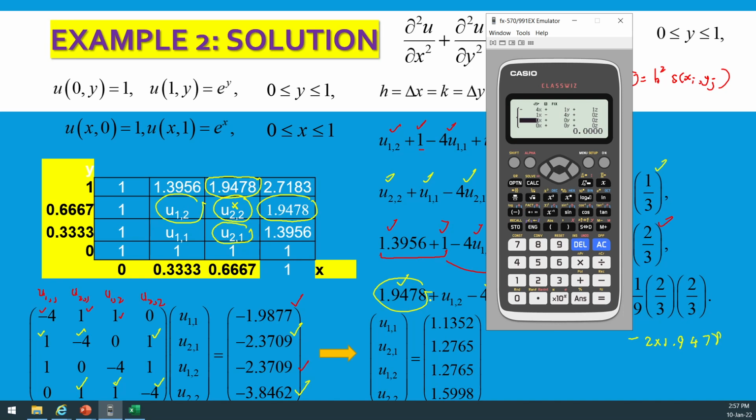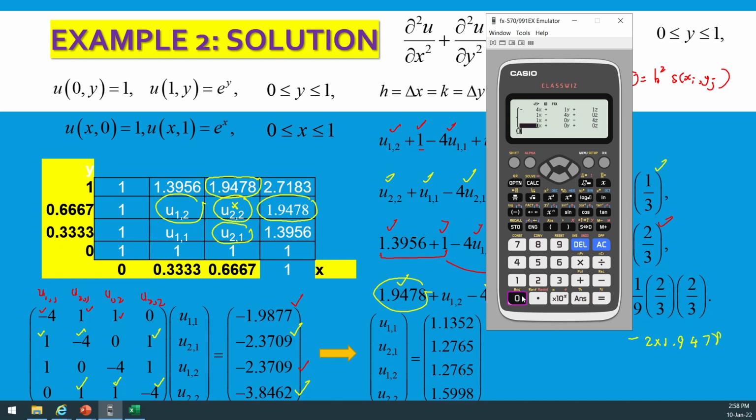The third equation is 1, 0, negative 4, 1, and then negative 2.3709.